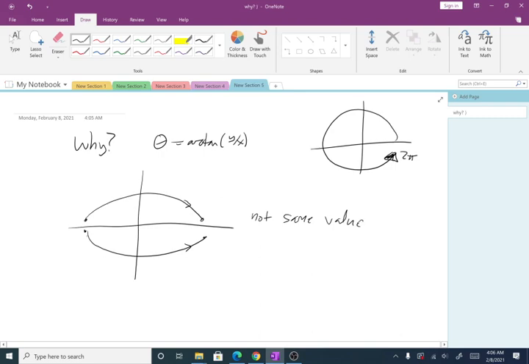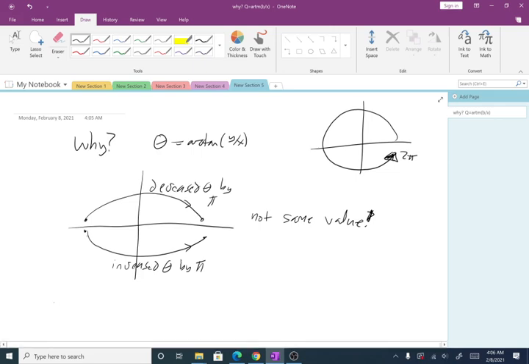Because we've increased theta by pi, and now we've decreased theta by pi as we've moved along this curve, because the directions are different.